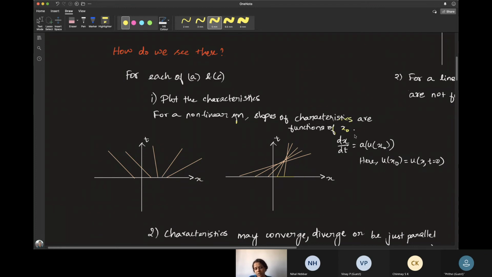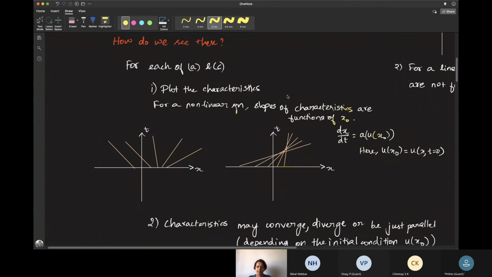That is what happens for a nonlinear equation, because dx by dt equals a of u of x naught, which is a function of x naught. So at each of the points you will have different slopes. That is how you determine the characteristics.